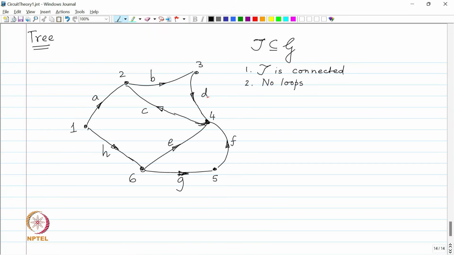When we say no loops, we mean there is one and only one path between any two nodes. You pick any two nodes, there is a way to go, but only one way.